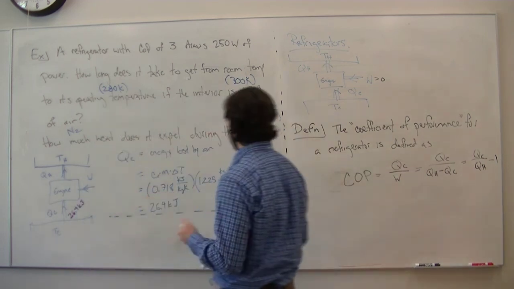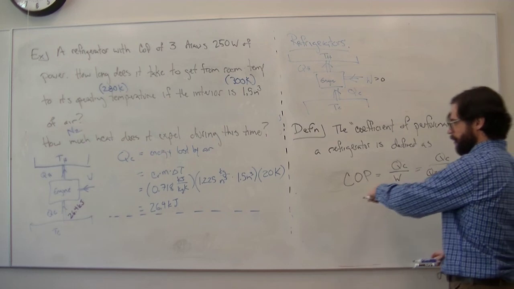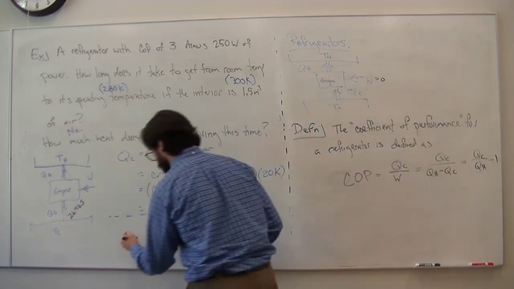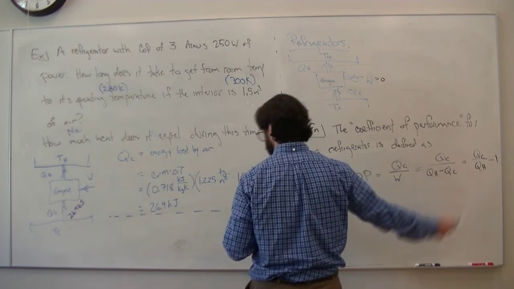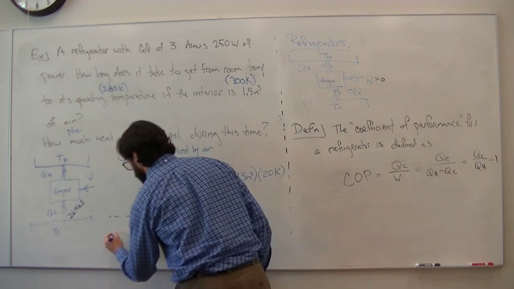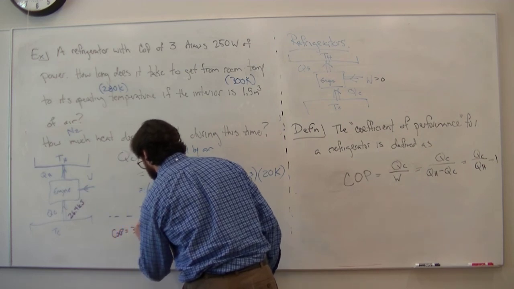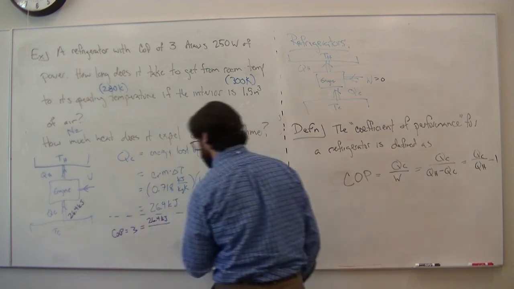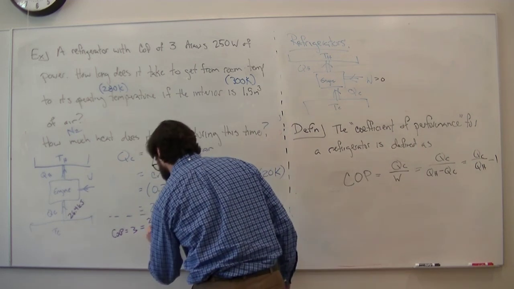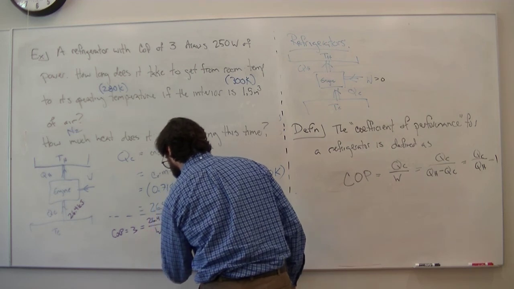I know my coefficient of performance is 3, so that would let me find the work that I would need to do that. And I could go right to waste heat if I wanted to, but I'll just figure out the work along the way. So I have a COP of 3. That's equal to 26.4 kilojoules per work.